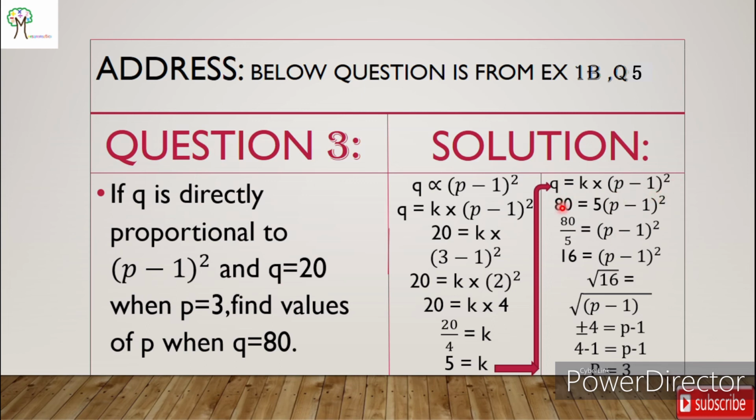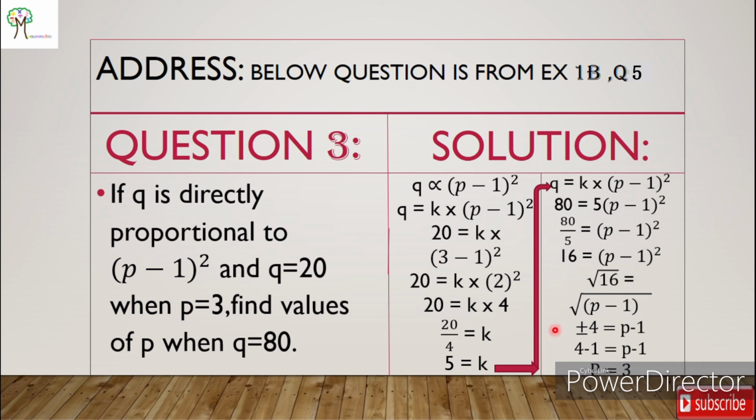Q value is 80 is equal to k value 5, and p minus 1 we don't know, p minus 1 square. Now 5 would come here, 80 divided by 5 is equal to p minus 1 square. Now the answer would be 16 is equal to p minus 1 square.